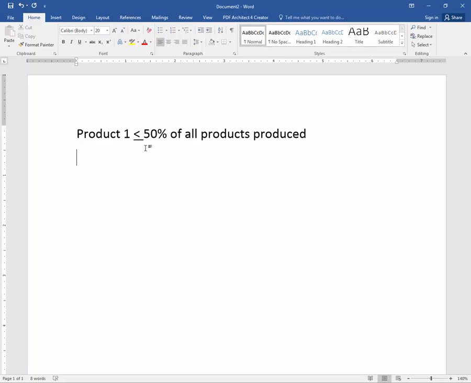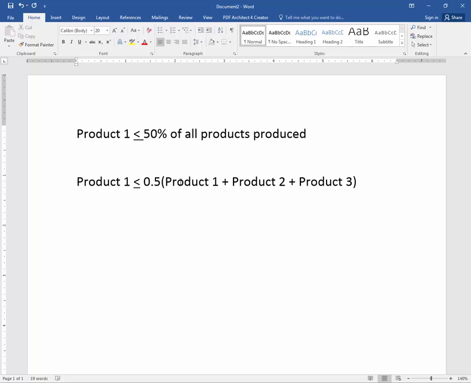Alright, so how do I translate this into mathematical notation? So product 1 less than or equal to 0.5 times all of the products that we produce. How do I know how many products I'm producing? It's the decision variables. So it would be product 1 plus product 2 plus product 3. If you formulate it as P1, P2, P3, that's fine too, right?